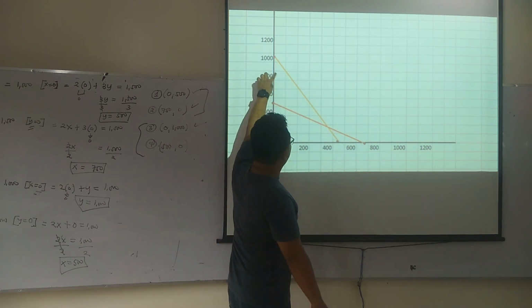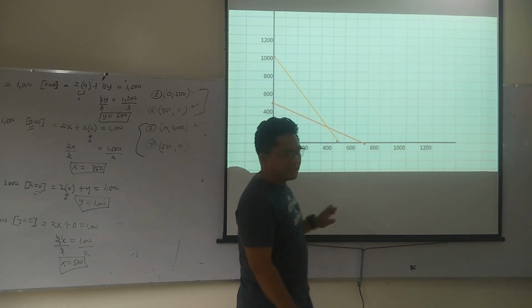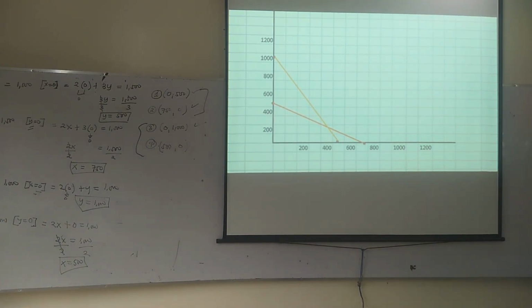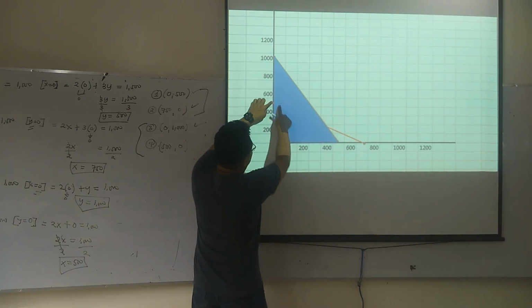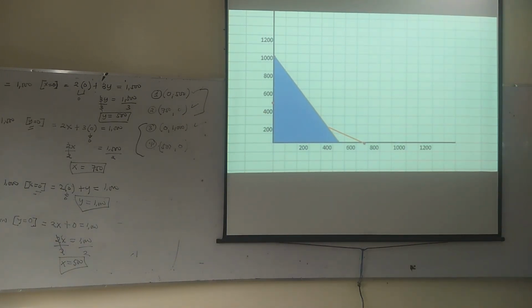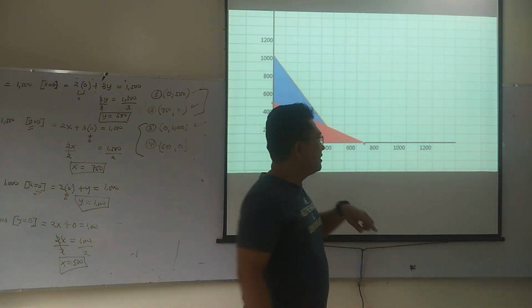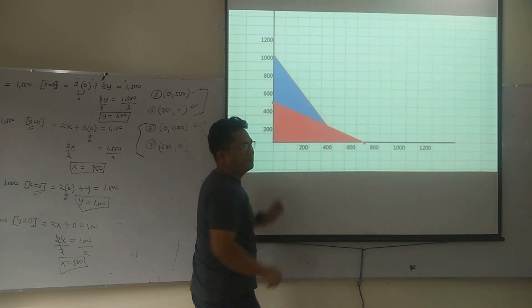If we are going to shade this portion, for example, let's shade that blue. Then we are going to shade this portion, let's say red. So you will see that we have an overlapping portion here.